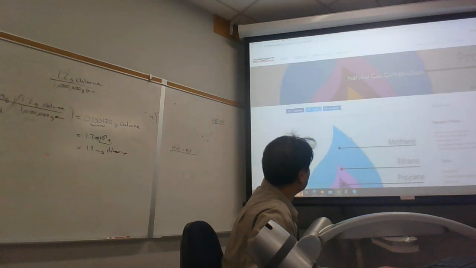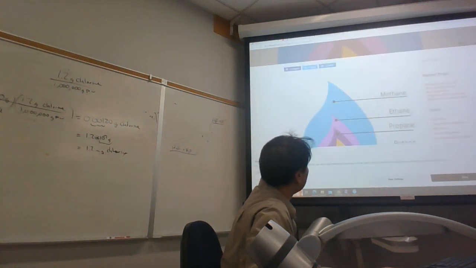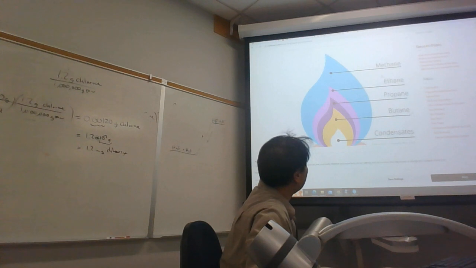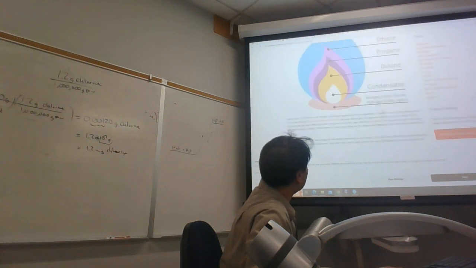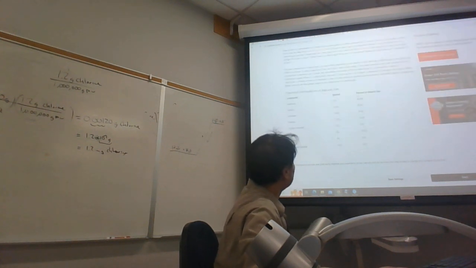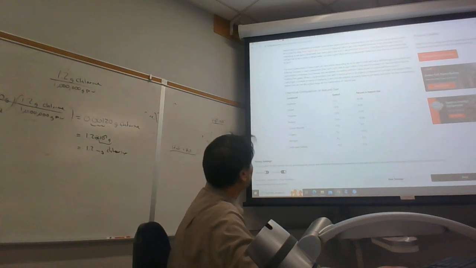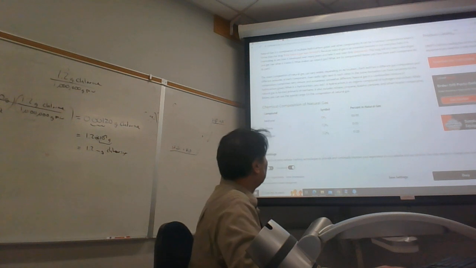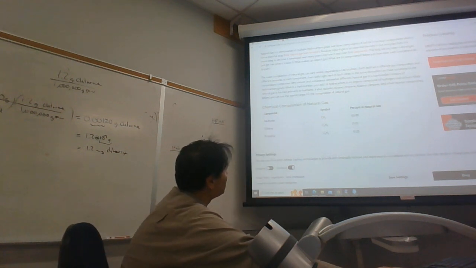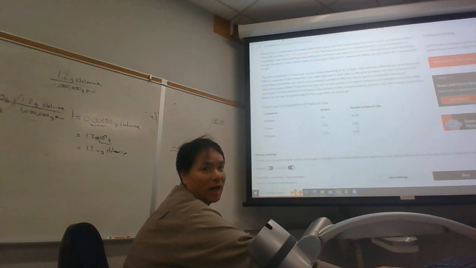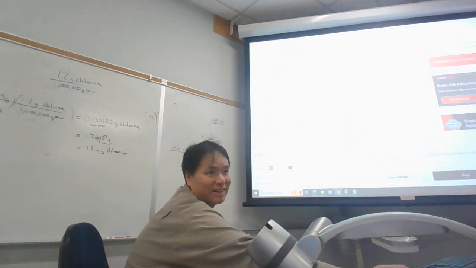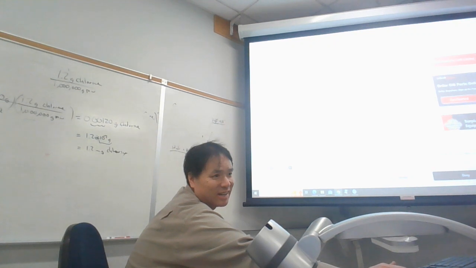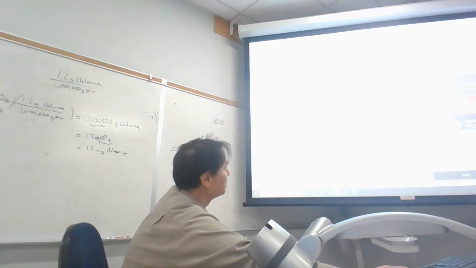So natural gas contains methane, ethane, propane, butane. And these are the percents. I don't know if this is mole percent or mass percent. But natural gas contains 60 to 90% methane, and then 0 to 20% ethane. And so if you're getting like 9% ethane, then that sounds like natural gas. Okay. You know, I don't think it's weird.